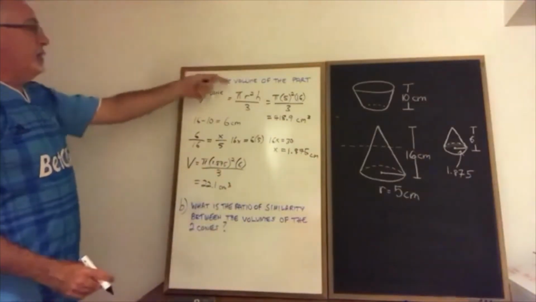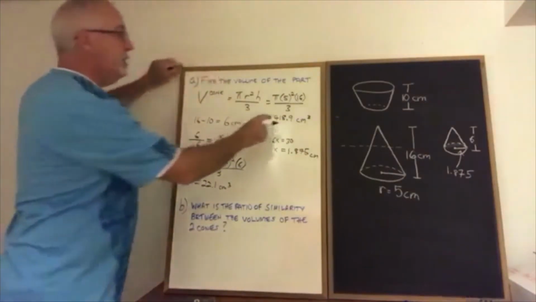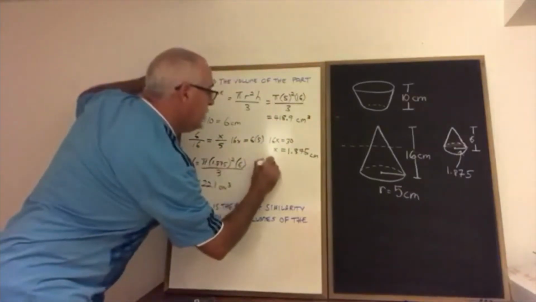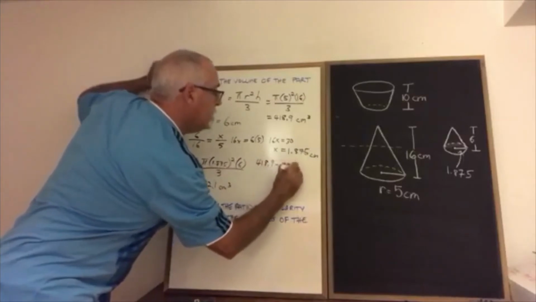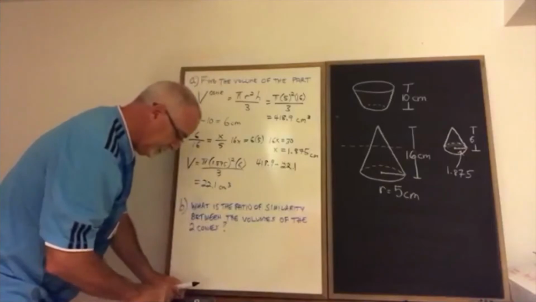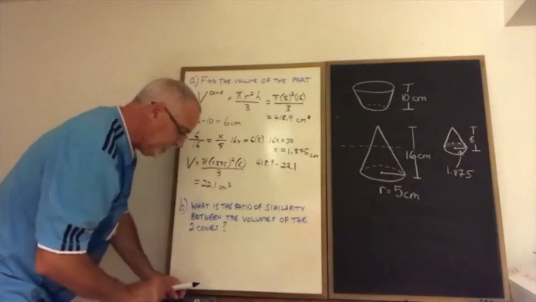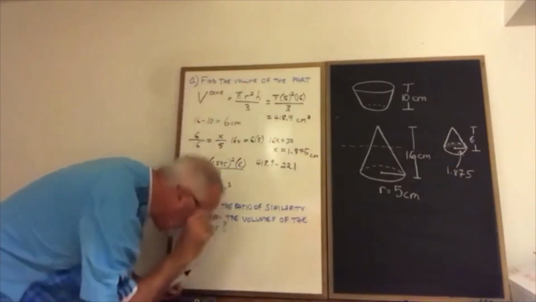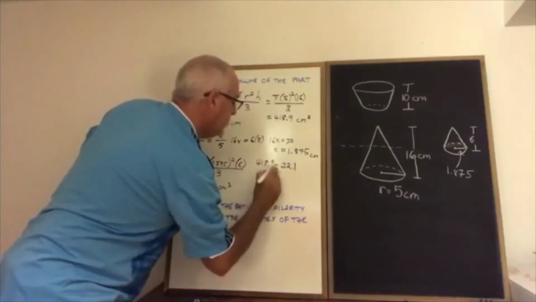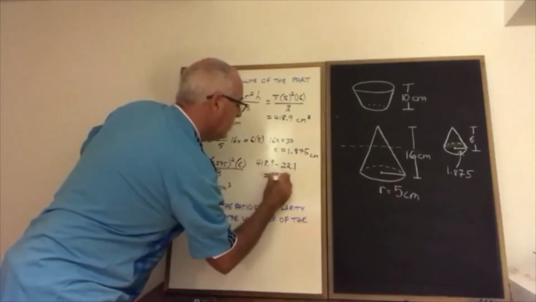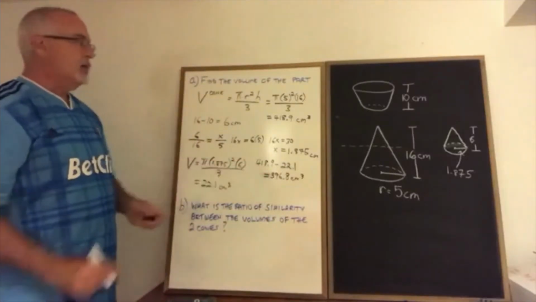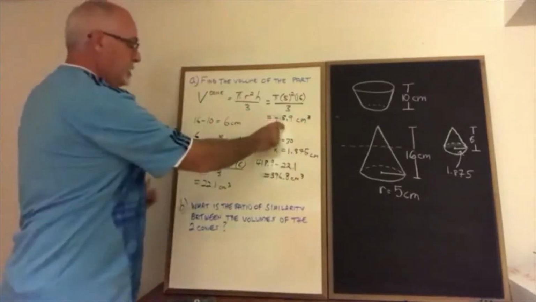The volume of the part is simply the volume of the big cone minus the volume of the small cone. So 418.9 minus 22.1 gives me 396.8 centimeters cubed.